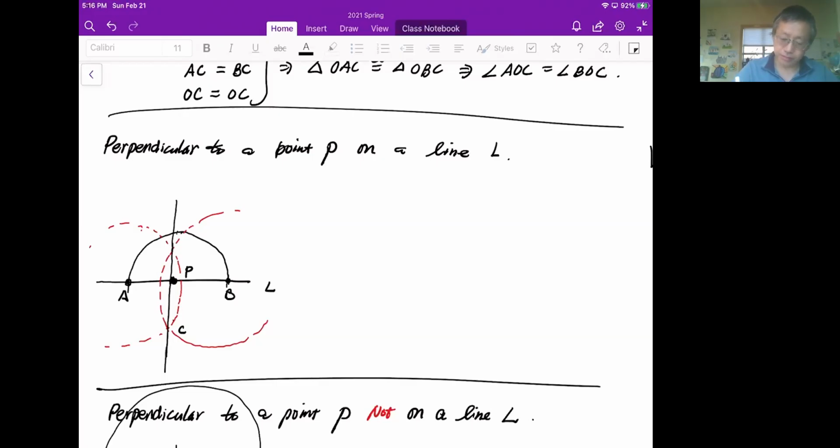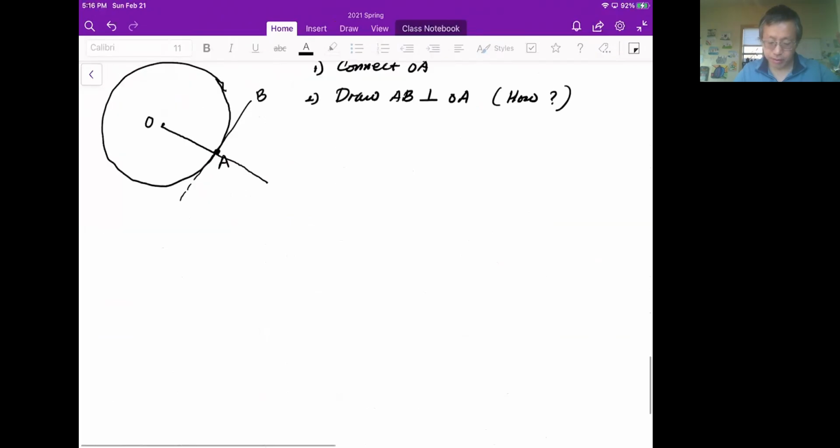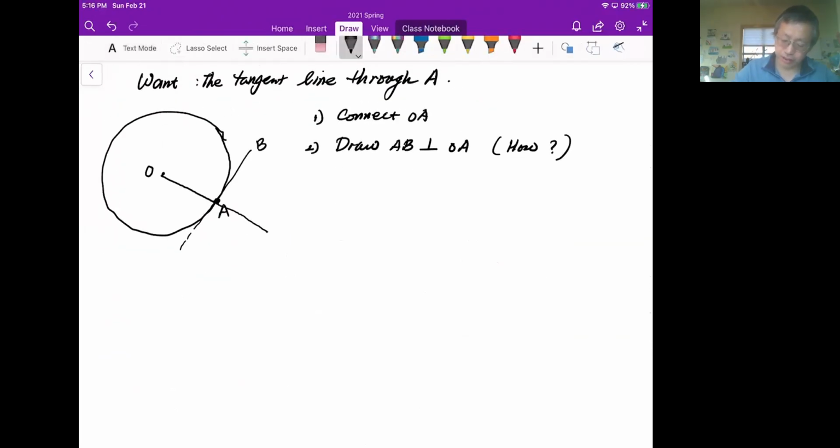Does it make sense? So I just said how to do that. We did that earlier in a previous problem. And why? This is a theorem we covered 2 weeks ago.